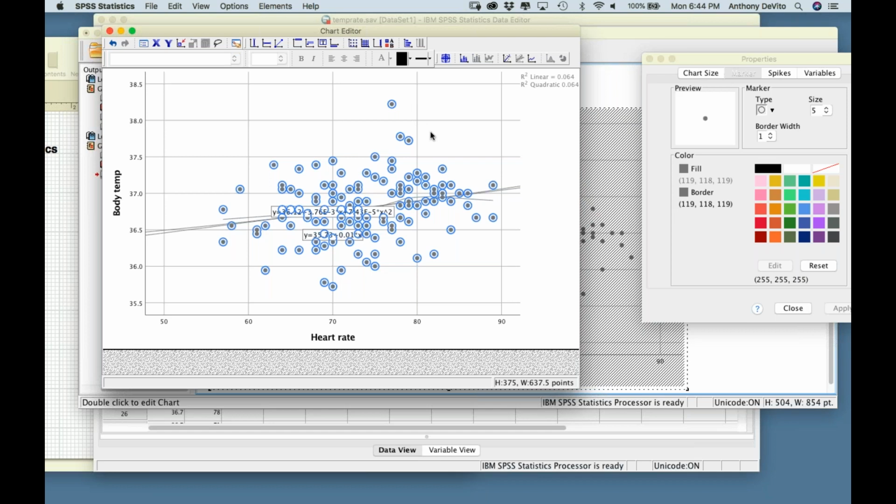Now some of these are way off. For instance, this person right here is likely to be an outlier. They're much different than all the other values. I'm not going to worry about this for correlation right now. When we talk about regression, outliers are a problem, particularly when they're at the far end of the range we're looking at for our predictor variable. Let's say you have a value that's an outlier up here.